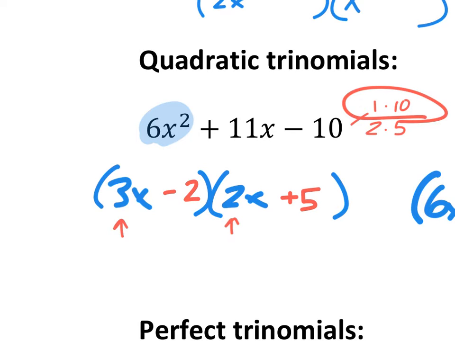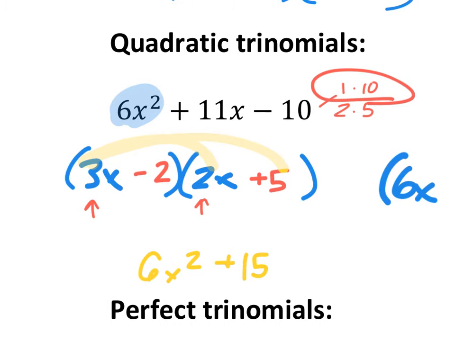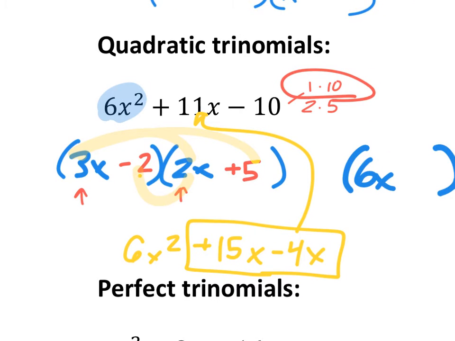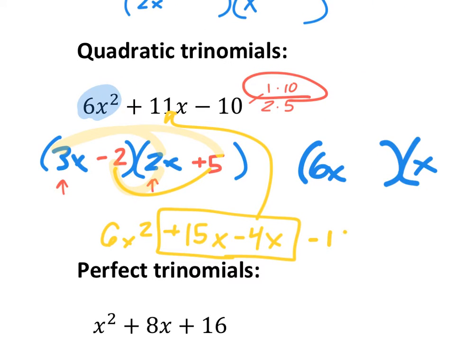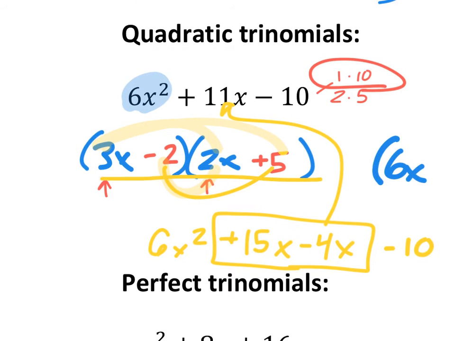And when you FOIL this out, we get a 6x squared, plus 15x, minus 4x, and you can see that these two combine together to give me that 11x, and then the negative 2 times the 5 is a negative 10. So that confirms for us that that is the correct factorization.